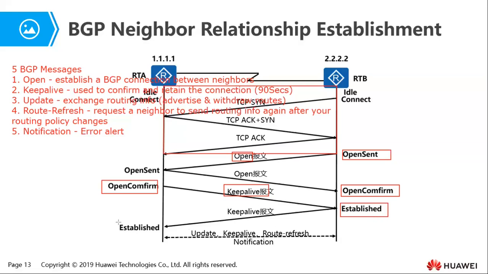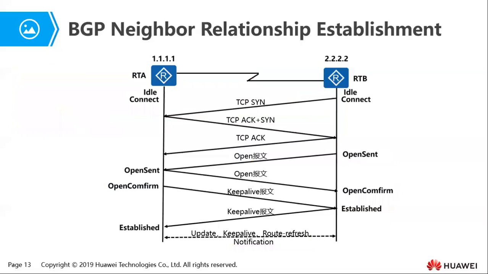And now it is in the established state that they can send all the other messages, including update, keep alive, route refresh, and notification messages. So generally, that is how the neighbor relationship is established, and those are the 5 BGP messages. Any question or comment before we move on?